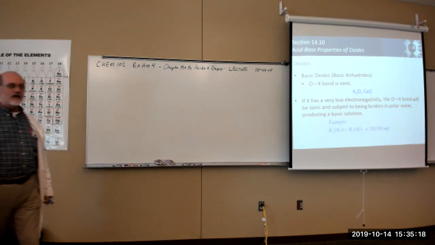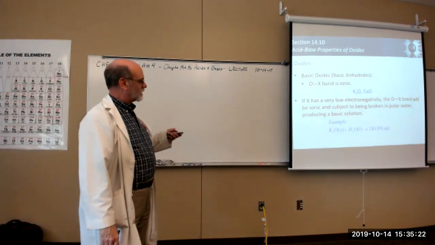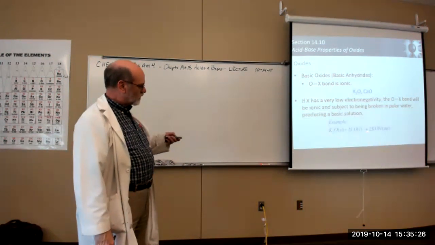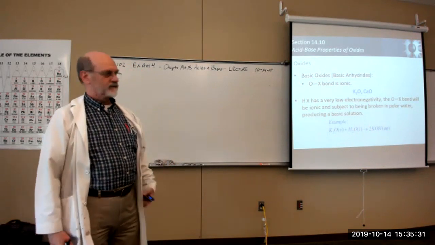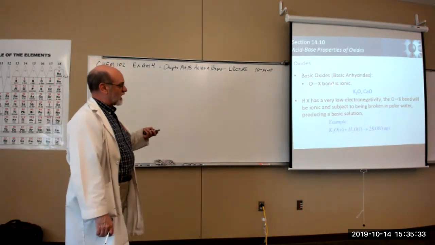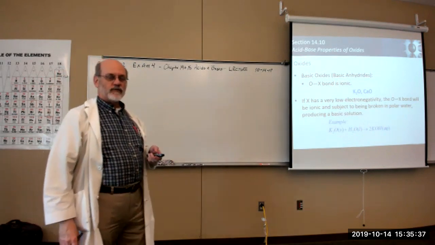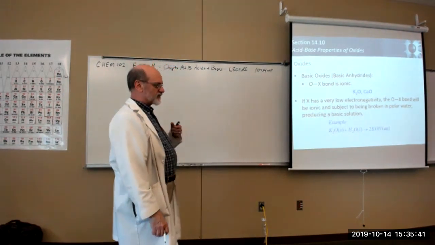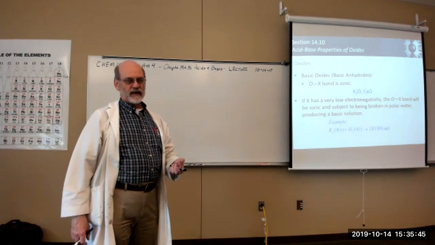Those oxides, when they react in water, produce basic solutions. Here's what they look like: K2O dissolved in water produces potassium hydroxide. There's your base, so those are basic oxides. So the difference is the basic oxides are formed from metal oxides, and the acidic oxides are formed from non-metal oxides.